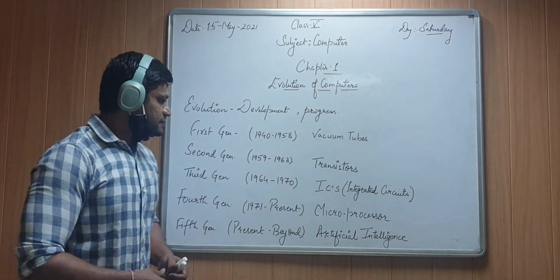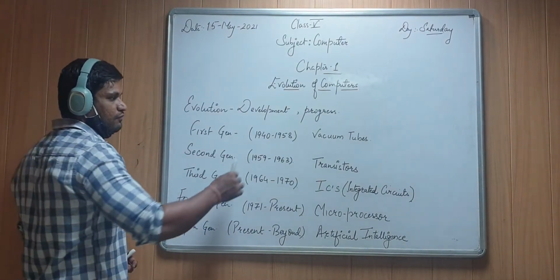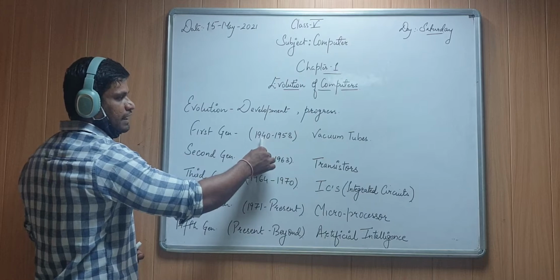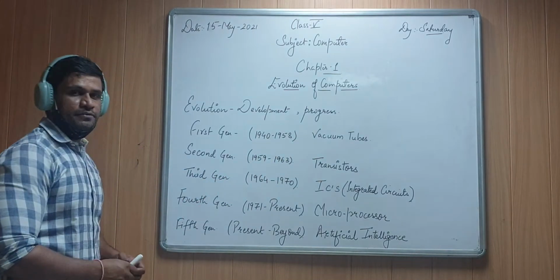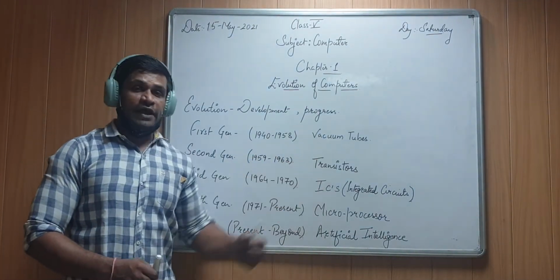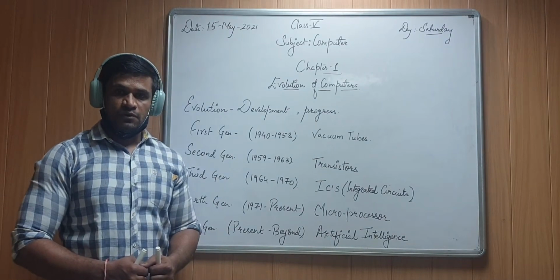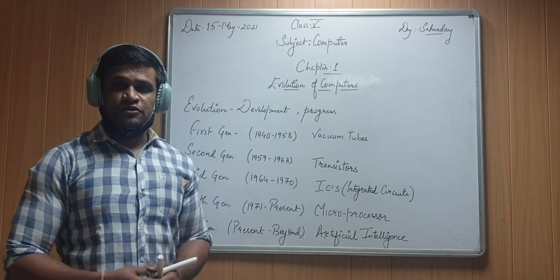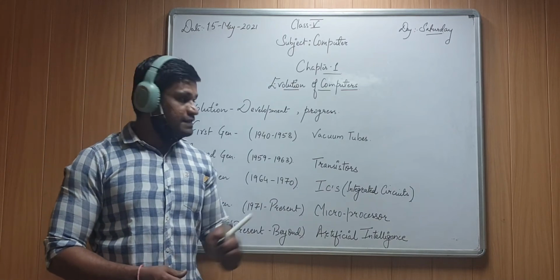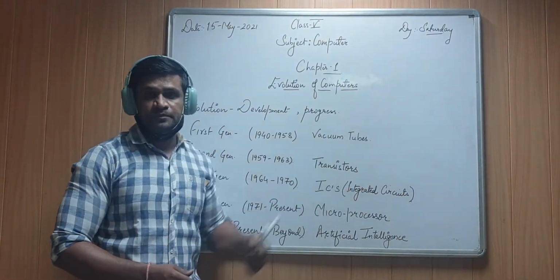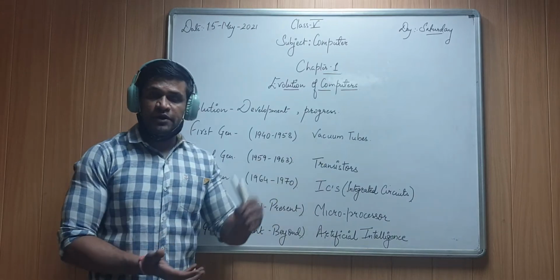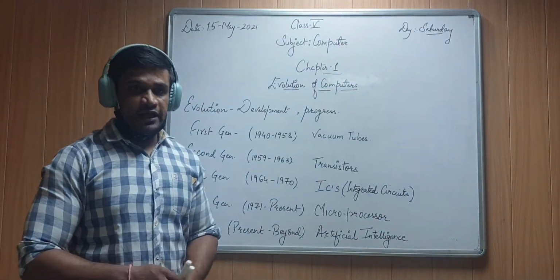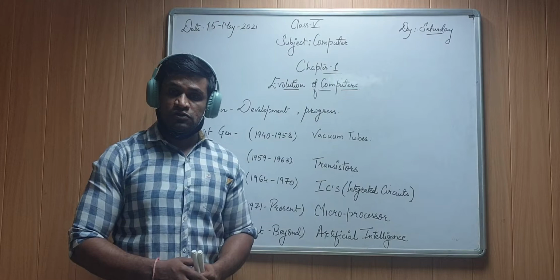So as we have seen, the first generation computers were manufactured during 1940 to 1958. They consisted of vacuum tubes. Now the CPU, the Central Processing Unit which you see, all these electrical components were used in them. Vacuum tubes were big in size, hence the computers were also big in size.